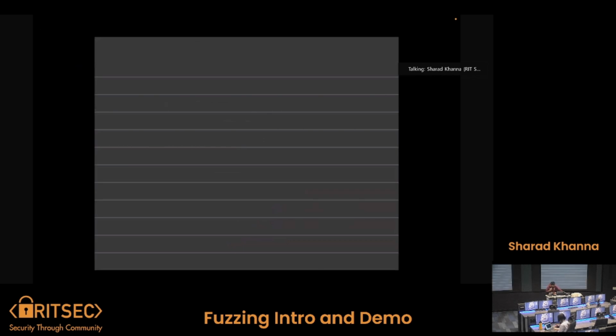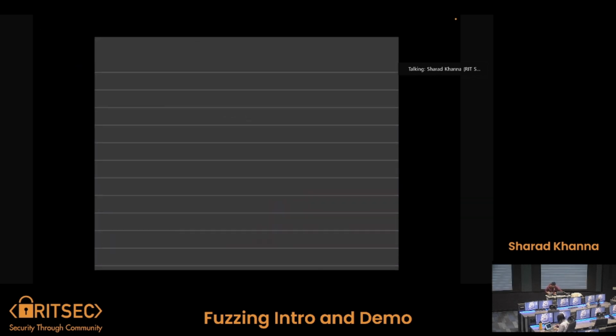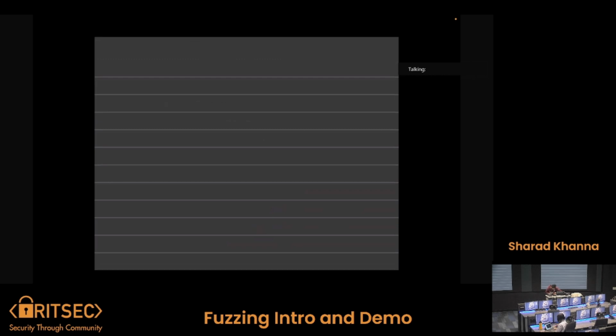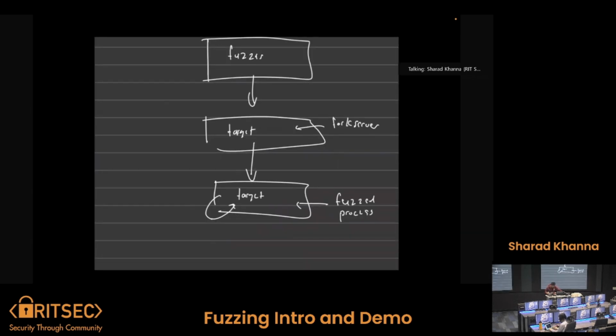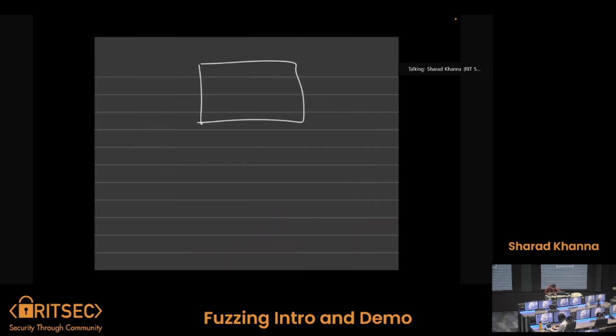So in memory mode, basically, is this. As we saw here, you fork your target and you fork your target again. In memory mode, you instead run in the same process. So in this case, your fuzzer will be here and your target will be here, basically in the same exact process.